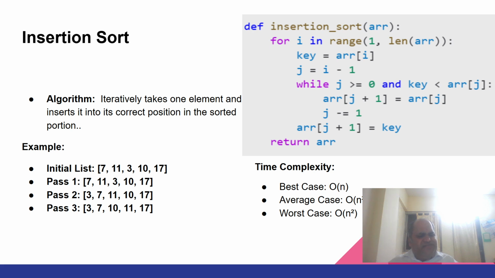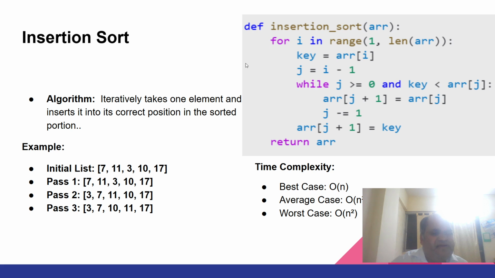Let's start with 7, assuming it is your sorted part, and assume that 11 3 10 17 are not sorted. Now what it is doing, it is just testing with the first element of the right hand part, which is from 11 3 10 17, right?